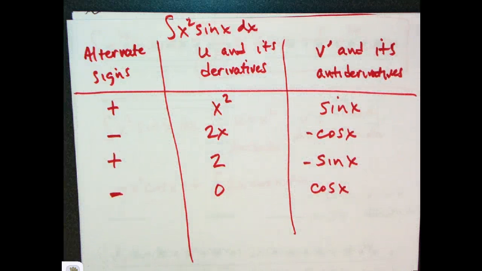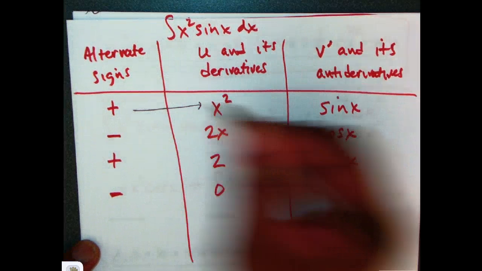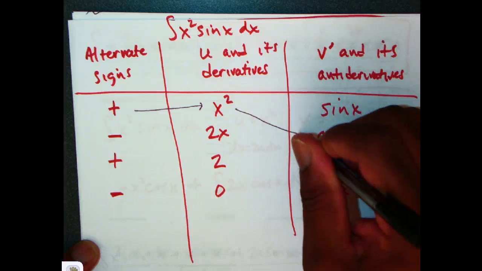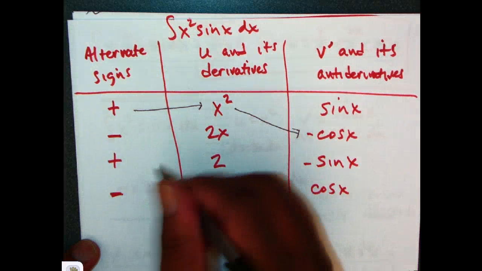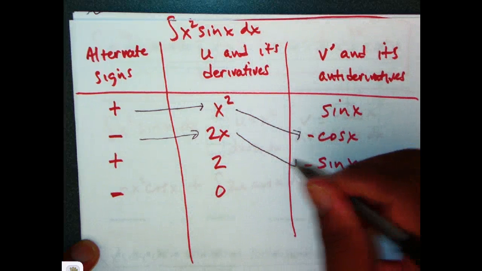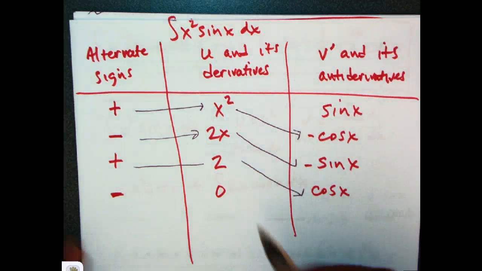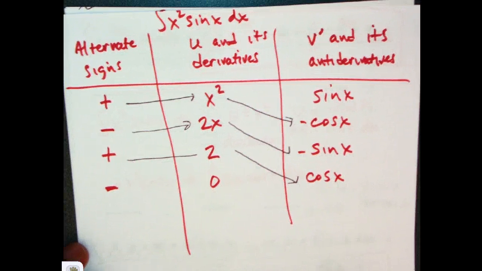Alright. Now the way this works is you're going to go across and then down, across, then down. Okay, and then we don't worry about the 0 over there.